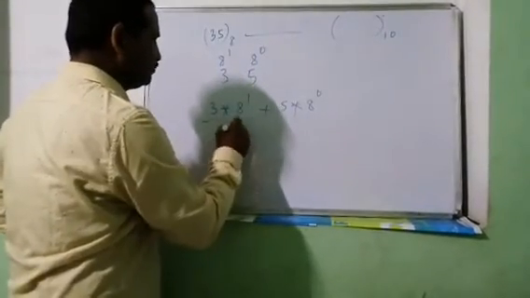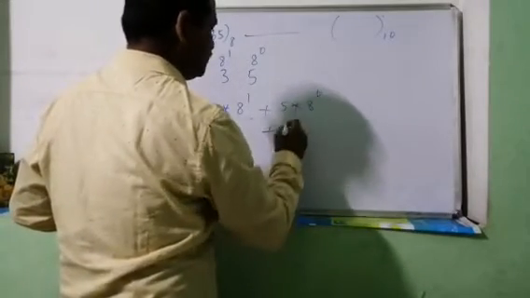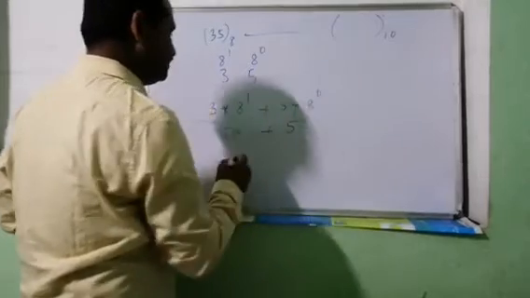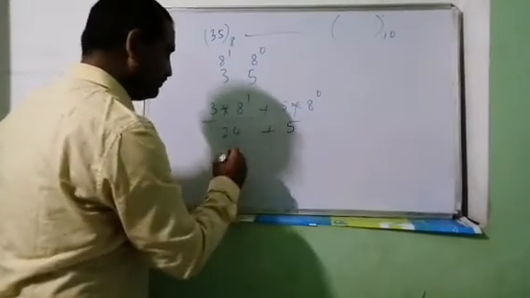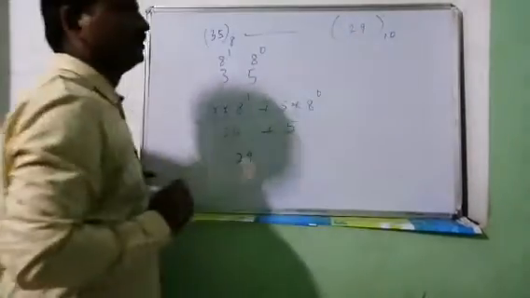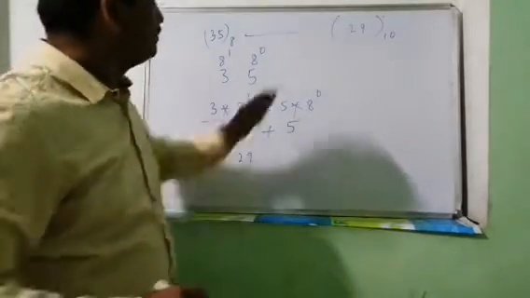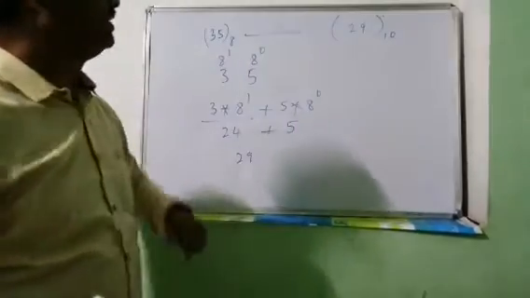This will be 24 plus 5 into 1, 5. 24 plus 5, 29. So this is the decimal equivalent of 35 octal.